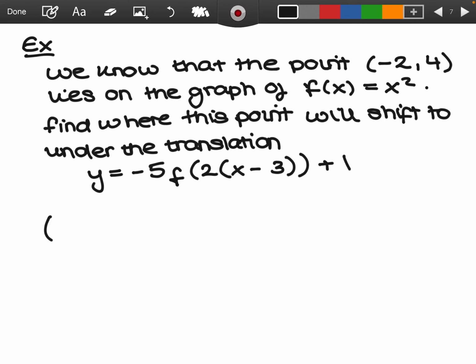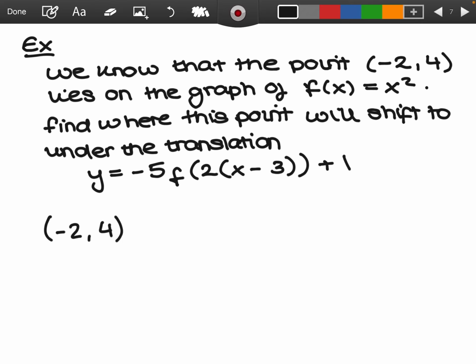So first thing, we start with negative 2, 4. I would track this out with arrows is my recommendation here. Then the first thing we've done to x is we've subtracted 3. So inside the function, we've got x minus 3. That tells me, using our horizontal translations, because we've got a negative 3 there, we're actually moving to the right by 3 units.